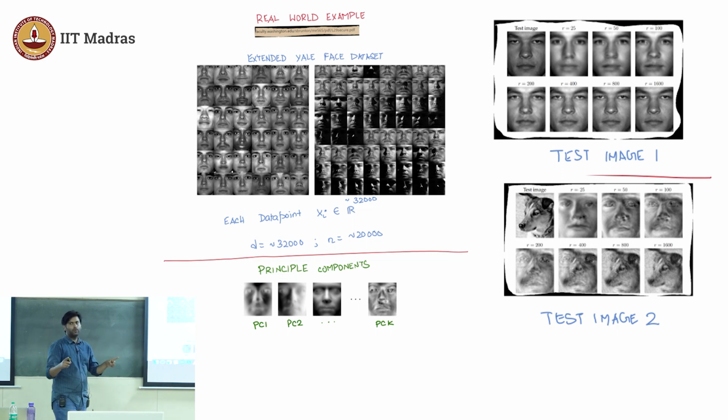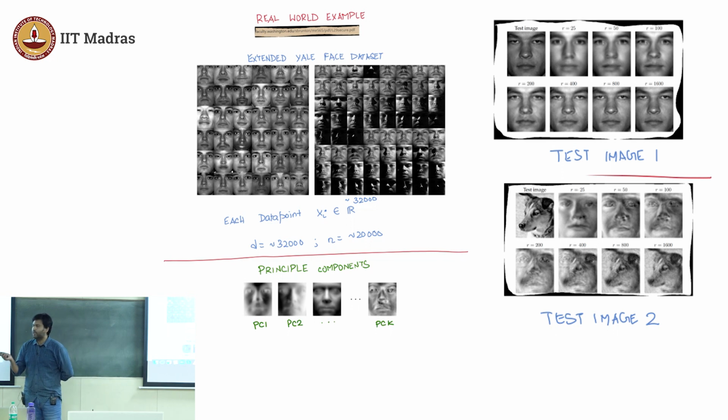So if it's a 3 cross 4 matrix, you can think of it as a 12 dimensional vector. There are only 12 numbers. You can think of it as a point in some 12 dimensional space. If you think of it that way, each face is a point in a very high dimensional space, because the number of pixels in this is something like 256 times something.